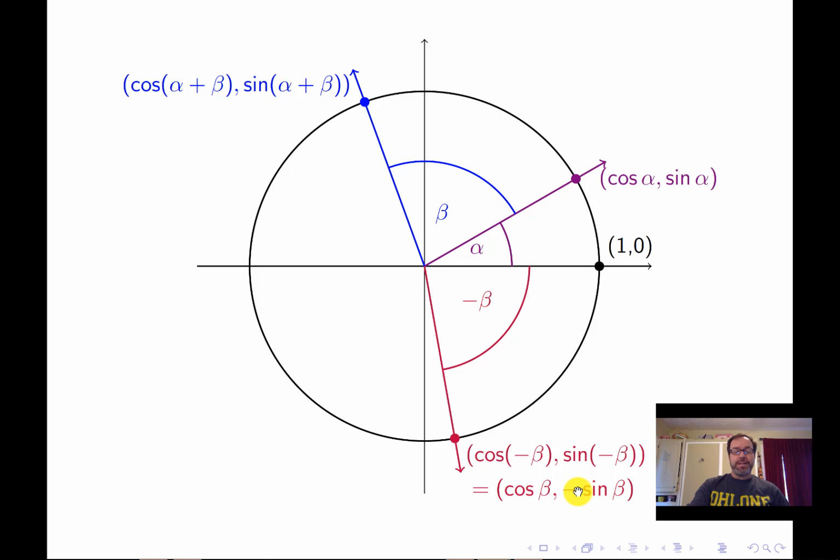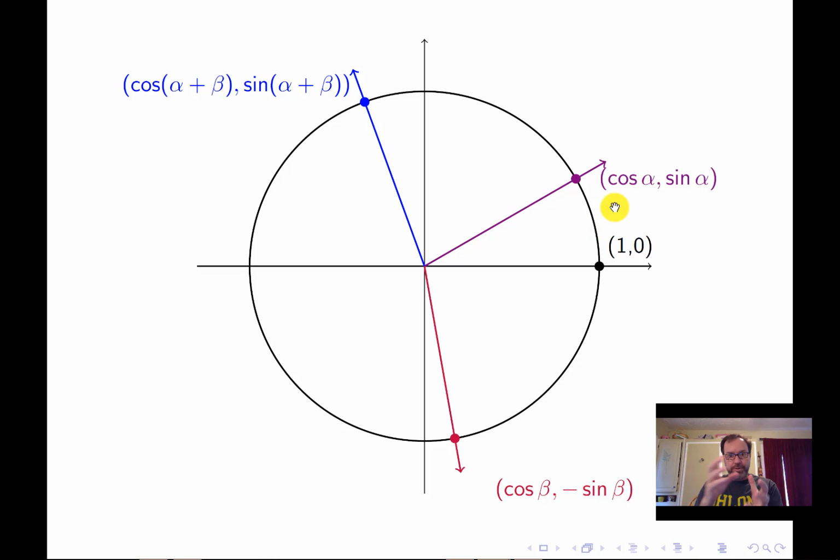Then what I'm going to take advantage of is the way that I have set this up. Let me clear out some of that space there. The distance between this point right here, the cosine of alpha plus beta, sine of alpha plus beta, and the point 1, 0, has got to be the same as the distance between the cosine of alpha, sine of alpha, and the cosine of beta, negative sine of beta.